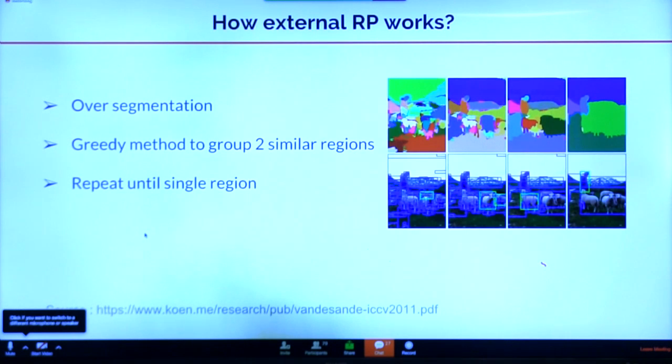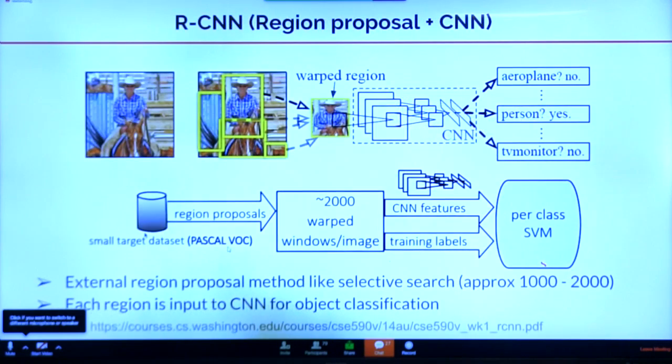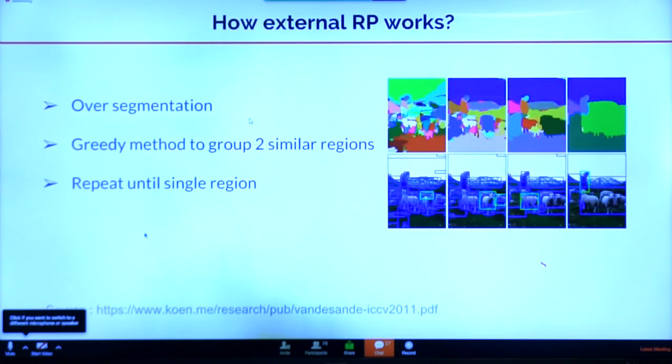Let's look at how external region proposal works. As we saw in the previous diagram, RCNN requires external region proposals, which is the first step in RCNN. Let's consider this particular image. Selective search is one of the ways to handle region proposal.